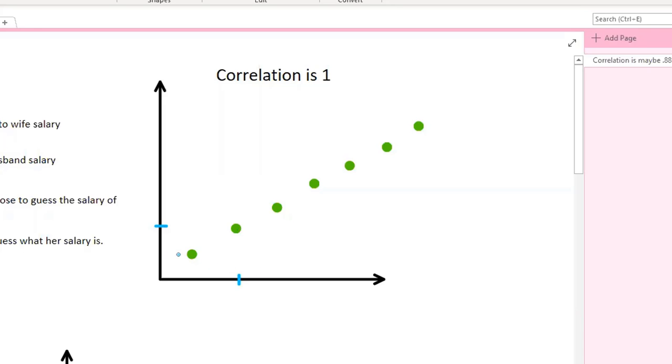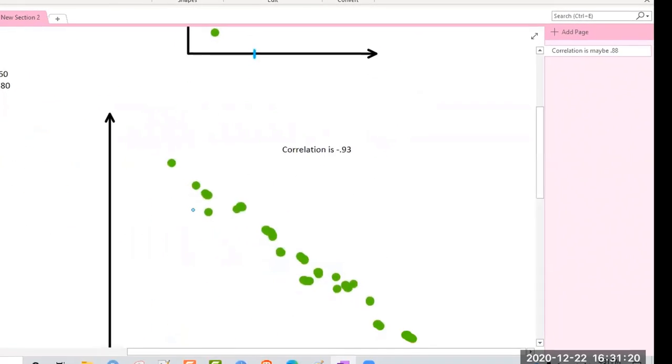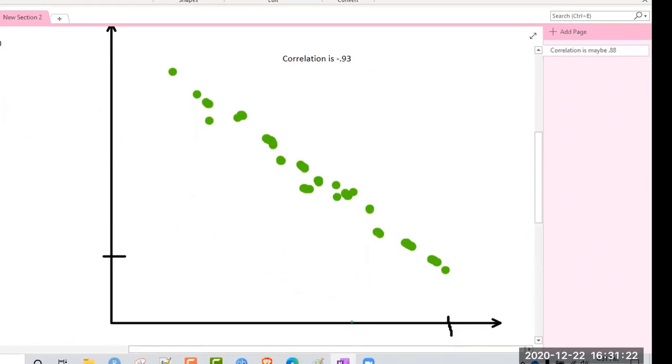There's not going to be any guessing. The data is completely correlated. There's no mistake if I make this guess. Whereas here, we expect there's some kind of error. So if this is the wife, I'll go up to here, and then I'll go over to here, and I'll say that's what I predict the husband is.